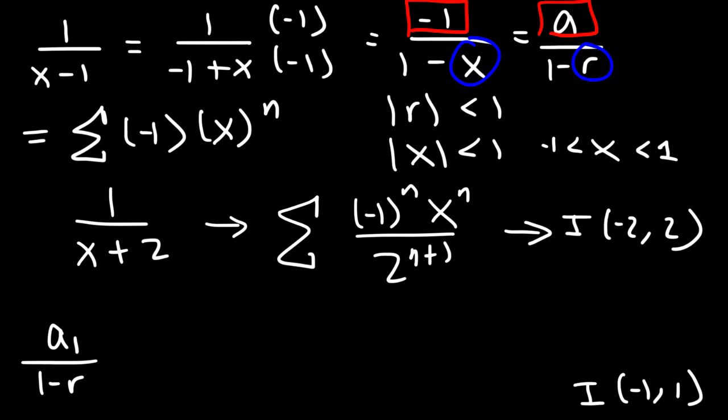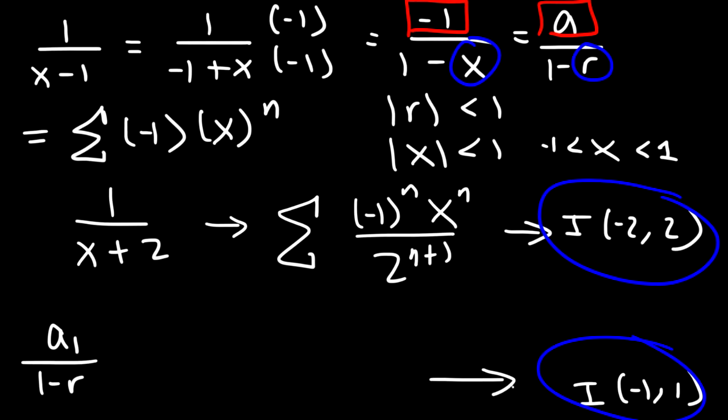Now, when combining two series together, if you're adding or subtracting them, you need to find the intersection of these two intervals. So, at what x value will both intervals be true? It's going to be true for the more restrictive interval, that is from negative 1 to 1. So this is going to be the interval of convergence for the entire problem.